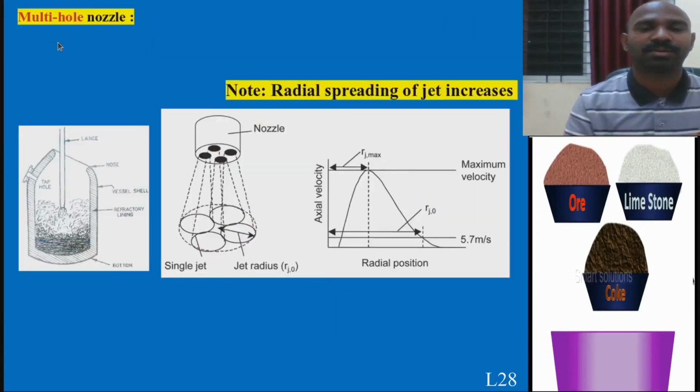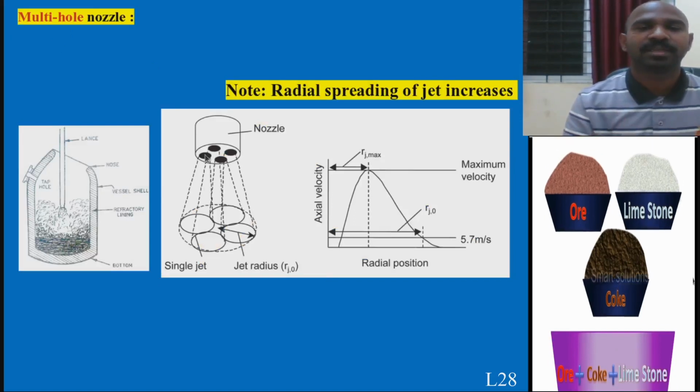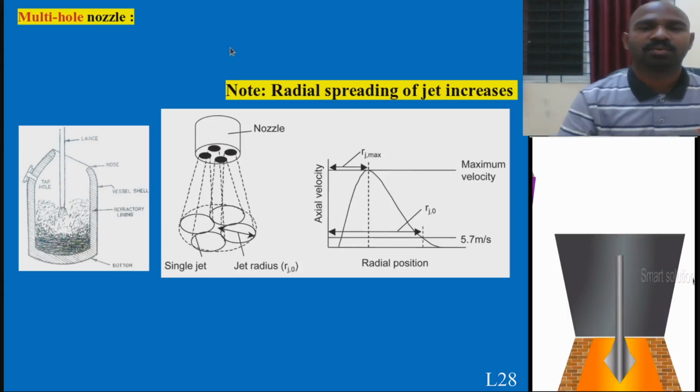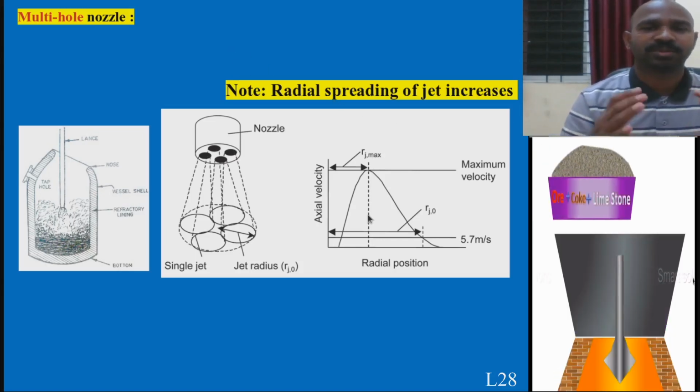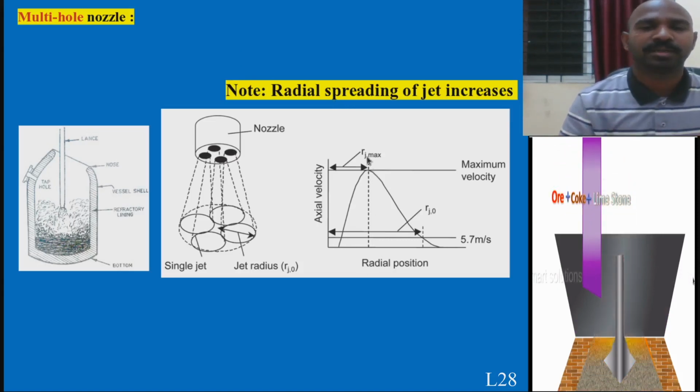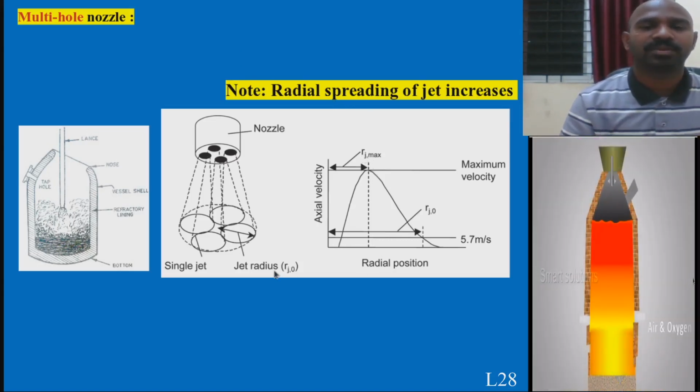And multi nozzles: instead of a single nozzle, if there are multiple nozzles, how do you characterize the spreading of the oxygen jet inside the molten steel? The axial velocity will be the maximum, or the jet radius of one particular jet is maximum along the axial direction.